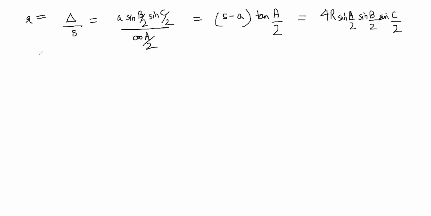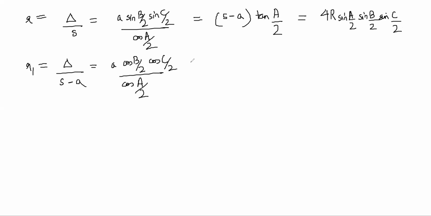Now for capital R1, you have similar relations. These are the relations: a cos(B/2) cos(C/2) by cos(A/2). This will turn out to be S tan(A/2), and this will become 4R.